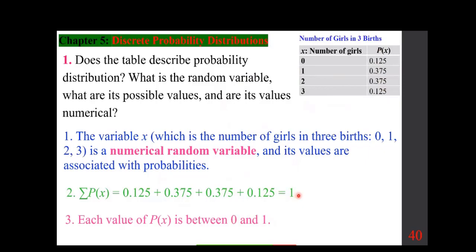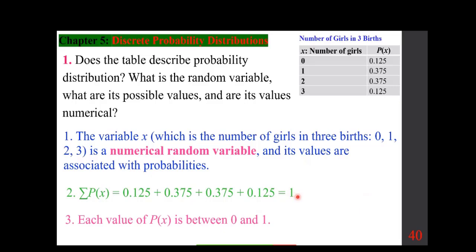By the way, this is where I discussed that you may end up with the situation where the sum is not exactly equal to 1, but it's extremely close due to round off error. I'm going to repeat because this is important. If this is 1.000000001, that's okay because it's just due to round off error.